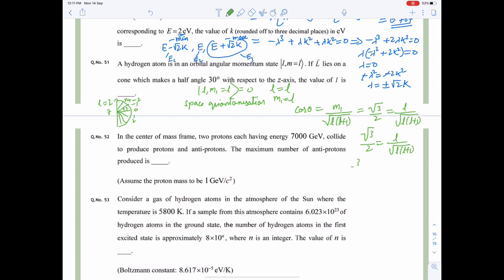I can take the square, so 3 over 4 is L over (L plus 1). So 3L plus 3 is equal to 4L. So 4L minus 3L is equal to 3. So it will become L equal to 3. So the L value is 3.